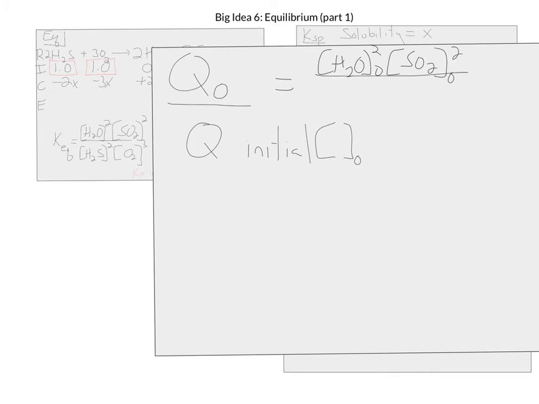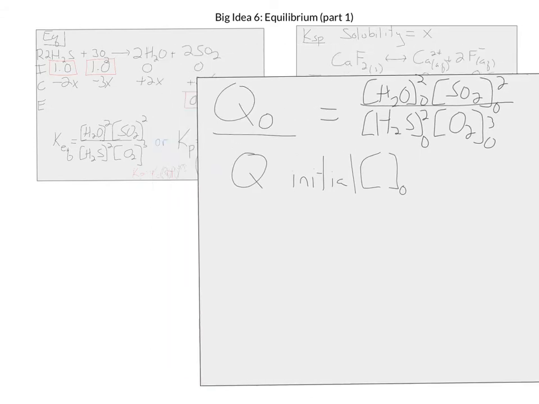It's still products over reactants raised to their coefficients, over the initial H2S squared times the initial O2 cubed. Those are just initial concentrations instead of the equilibrium.